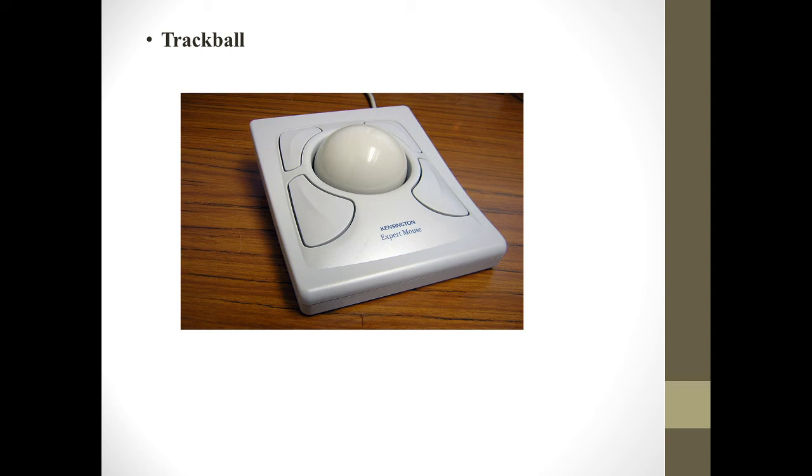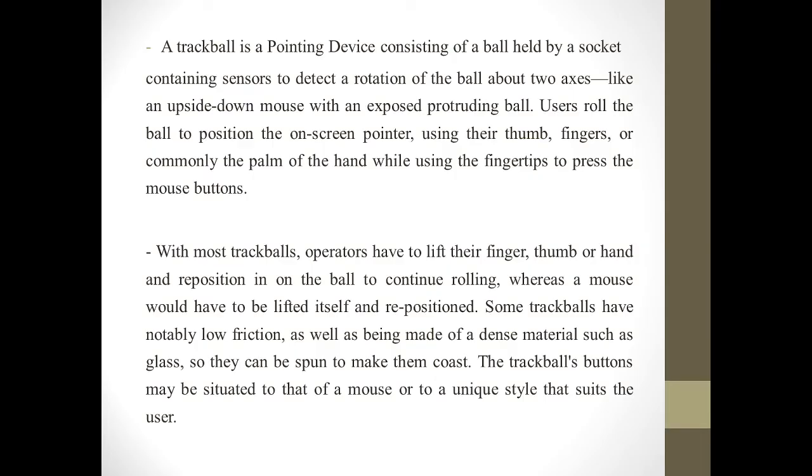Next input device is a trackball. This input device is not commonly used by users, but at some levels or for some functions trackballs are mostly used. A trackball is a pointing device consisting of a ball held by a socket containing sensors to detect a rotation of the ball about two axes. It is like an upside down mouse with an exposed protruding ball.